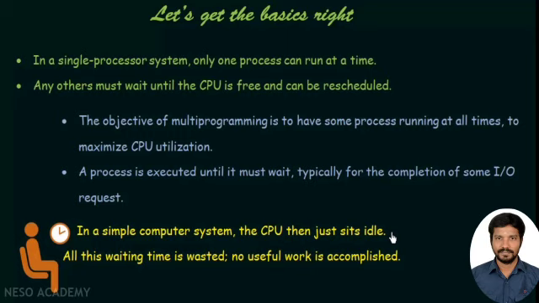Hence there is going to be a decline in our productivity because of this factor. So the basic need for CPU scheduling is to avoid this. We don't want the CPU to sit idle at any time. If there are processes available, we want the CPU to be utilized as much as it can be. So in order to accomplish this, we are going to introduce CPU scheduling.